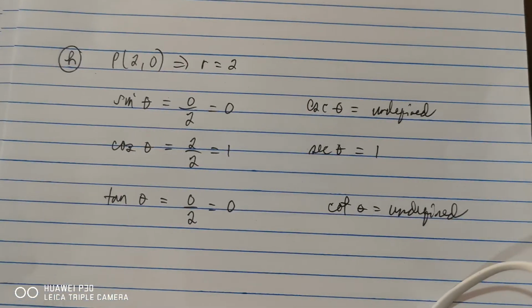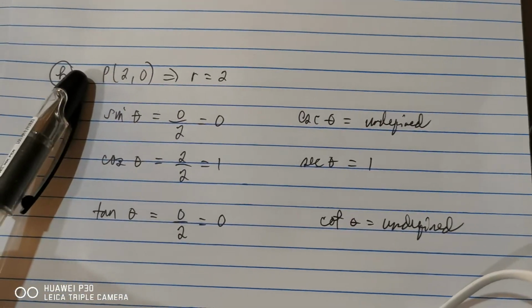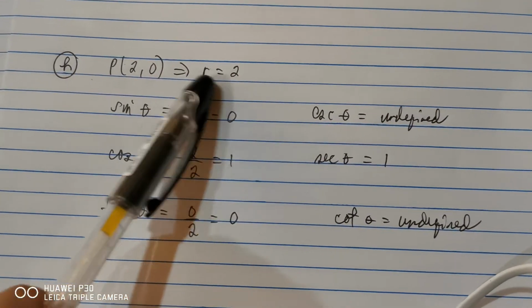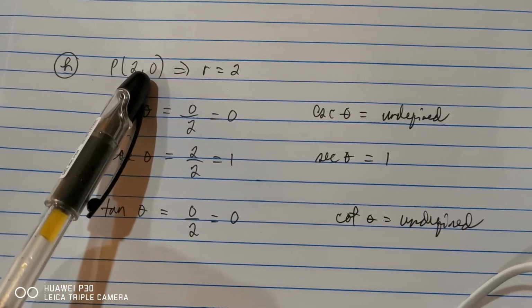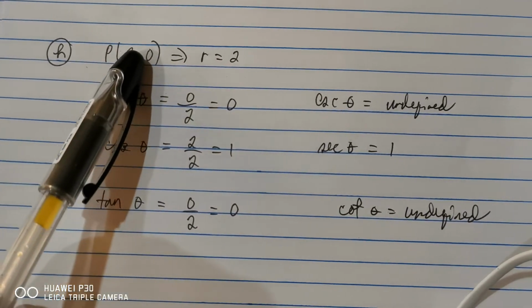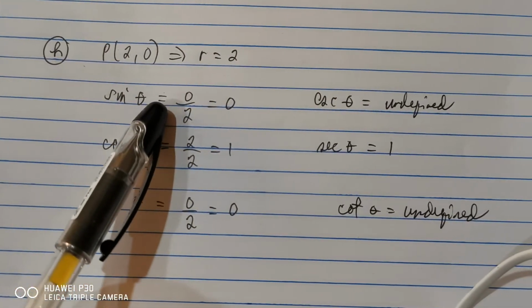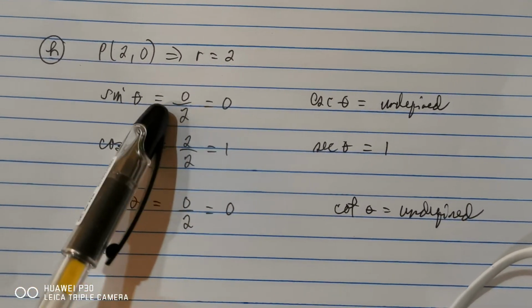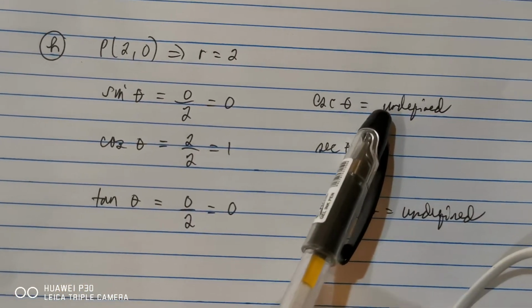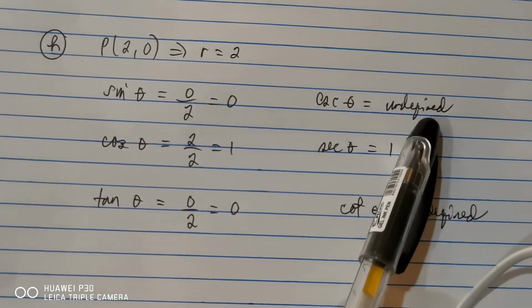Finally, the last letter of item 1, we are given P(2, 0), which implies that our radius is 2, because 2 squared plus 0 squared is 4, and the square root of 4 is 2. Sin theta is y over r, which means 0 over 2 equals 0. The reciprocal of 0 over 2 is 2 over 0, which is undefined, so cosecant theta is undefined.